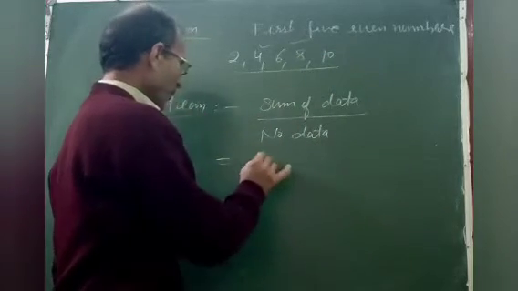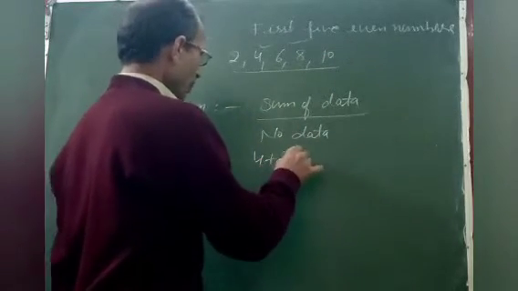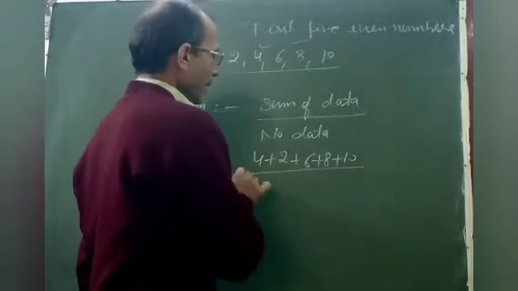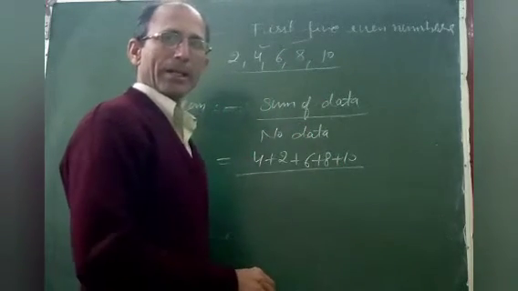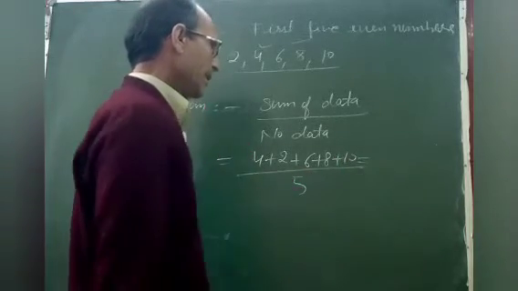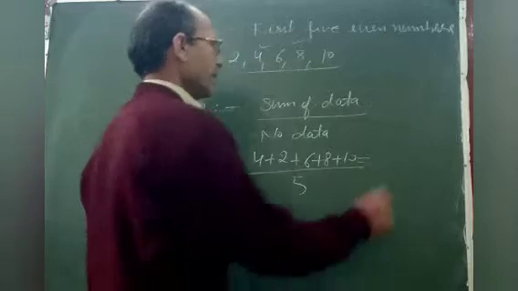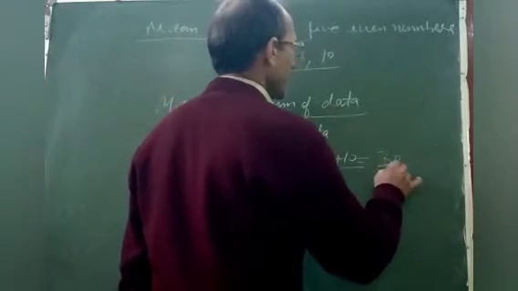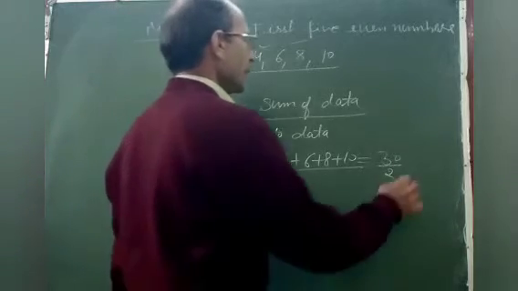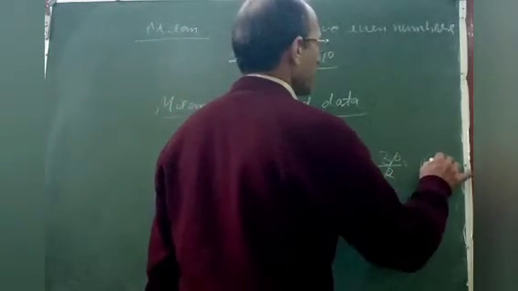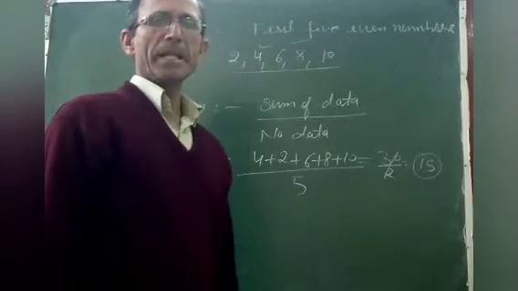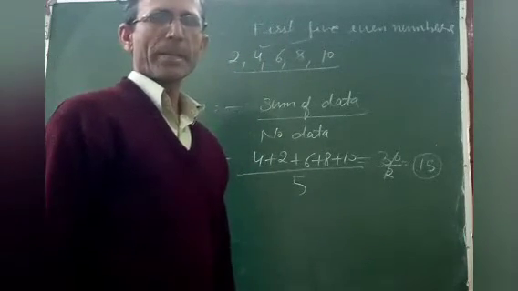So add them: 2 plus 4 plus 6 plus 8 plus 10 is 30. The number of data is 5, so divide by 5. So 30 divided by 5 is 6. This is the mean.